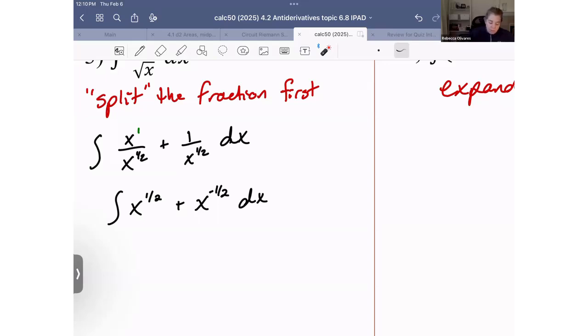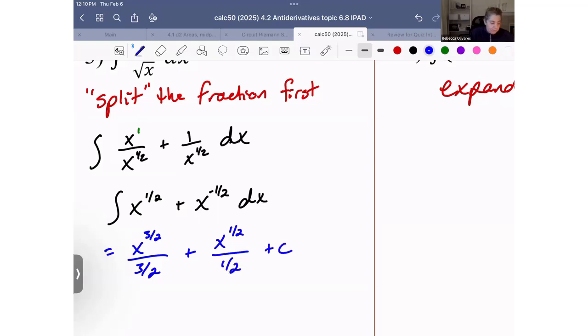So you're going to add 1 to the exponent. So 1/2 plus 1 is going to be 3/2. Divide by the new exponent, 3/2. Plus negative 1/2 plus 1 is going to be positive 1/2. Divide by the new exponent, which is 1/2, plus c.